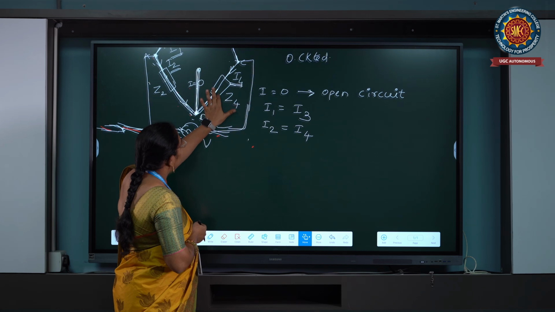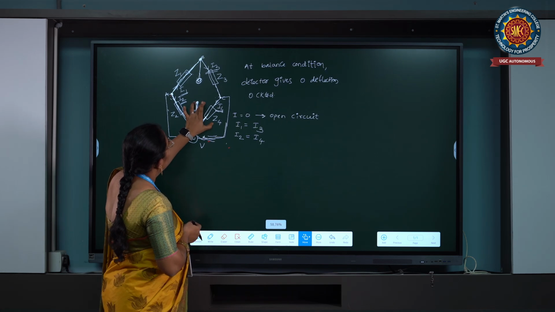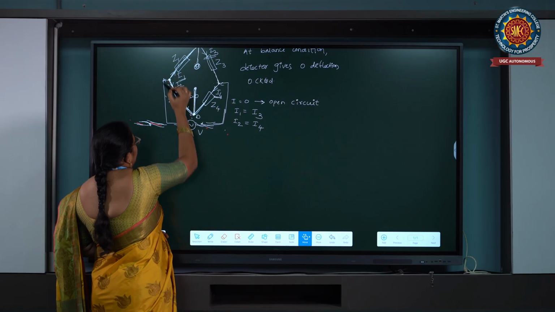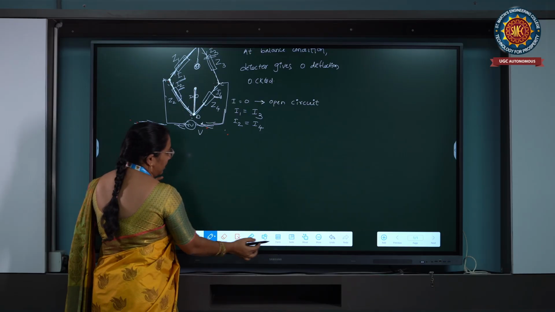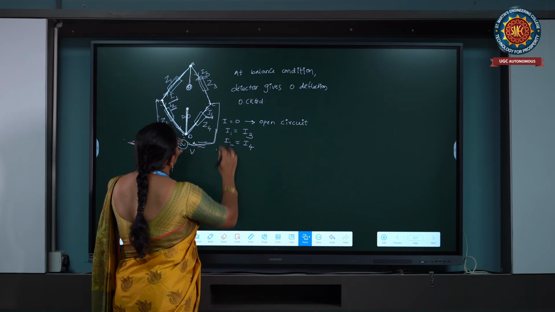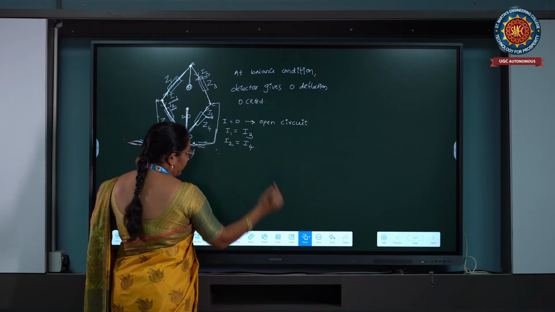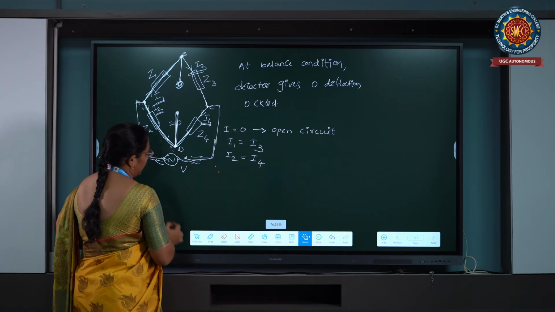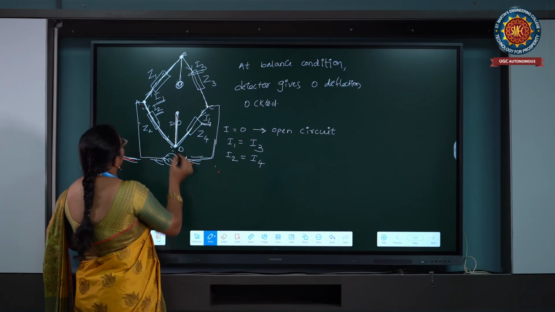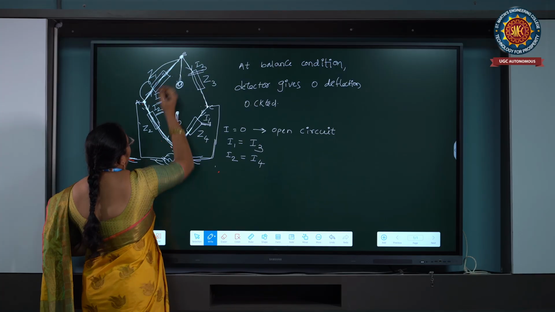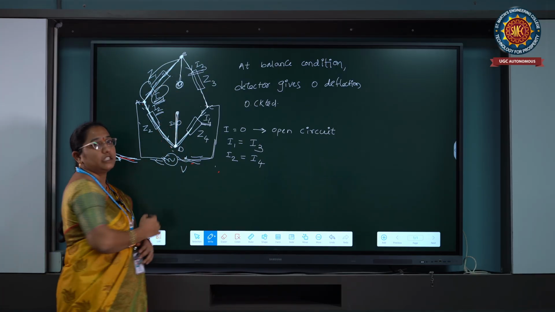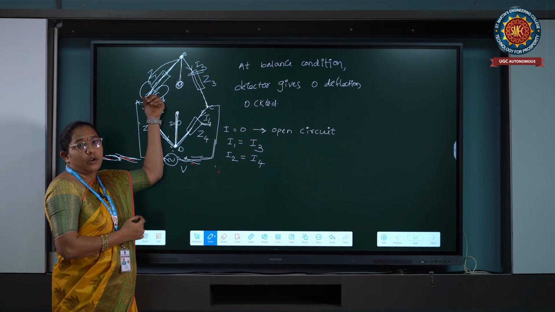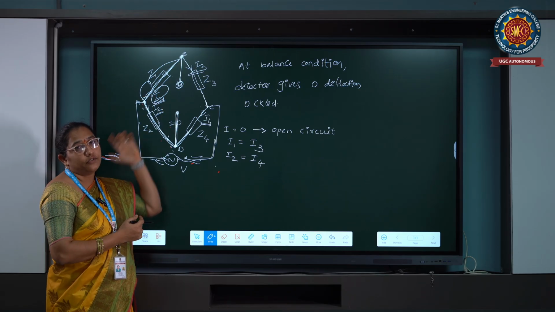So see here, at first branch we are having Z1 impedance and I1 is the current. So at this branch, how much voltage drop will be occurred? We need to find out that value.